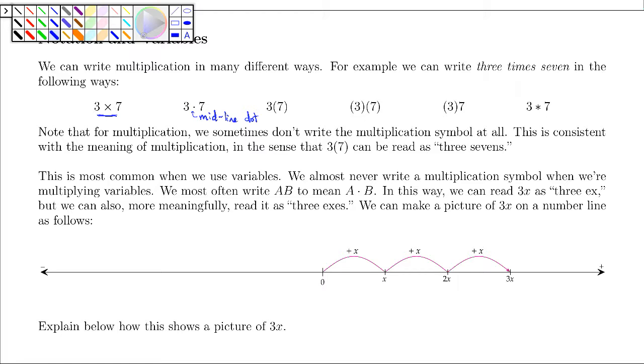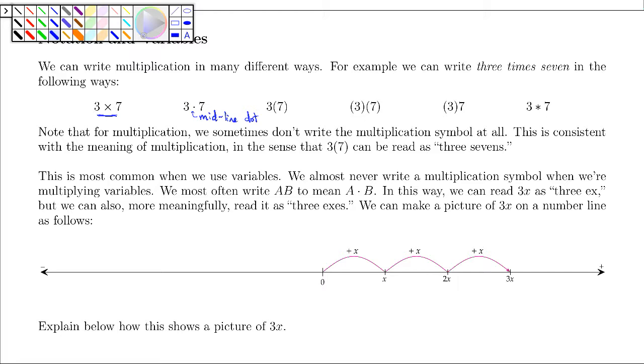But if we write quantities next to each other, a lot of times that means multiplication. And this can actually make sense in terms of how we mean 3 times 7. We can see this as 3 sevens. This is like 3 copies of 7, or you can read this as 3 sevens.